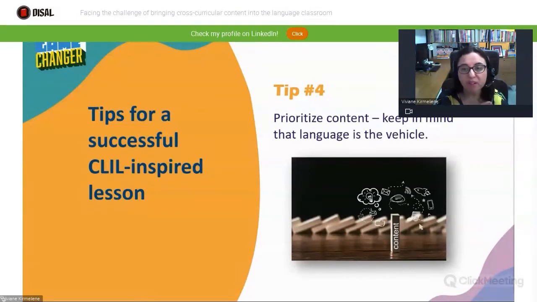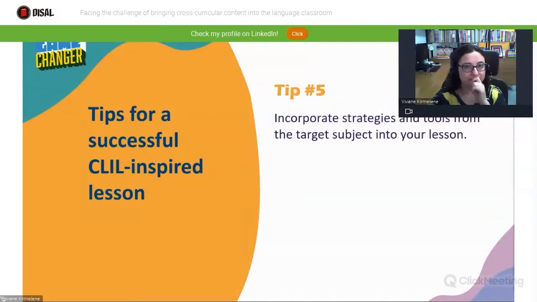I had a lot of imperative occurrences there. So I worked a lot with the imperative, but my focus was not teaching the imperative or teaching the food vocabulary. The structure and the lexis were bonuses that I had. So we have to prioritize content when we work with CLIO, and keep in mind that language is the vehicle.